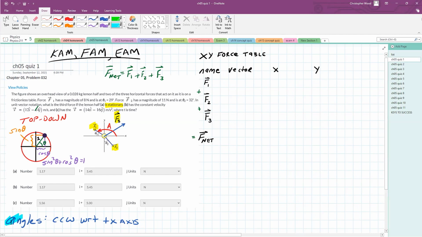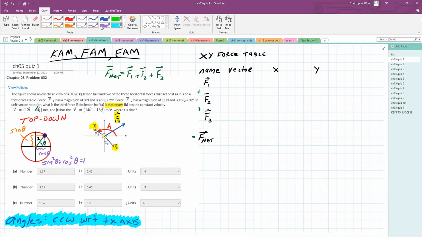You know why? Because I'm an engineer and I like nice, logical, rational processes and repeatable approaches. So I'm going to stick to this. I'm going to call the angle to F2 angle B. So let's indicate that, going counterclockwise with respect to the plus x-axis.